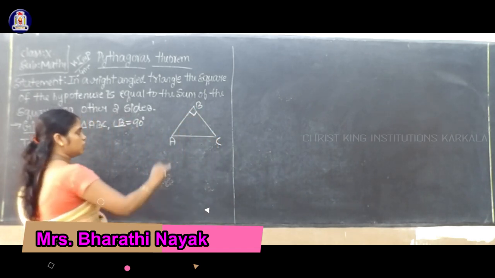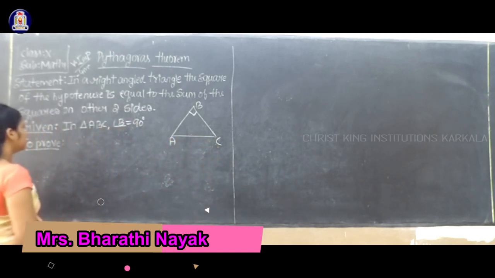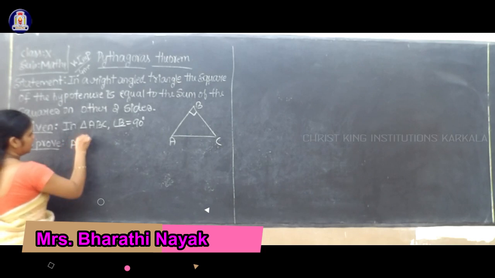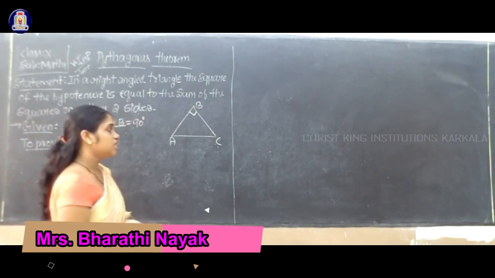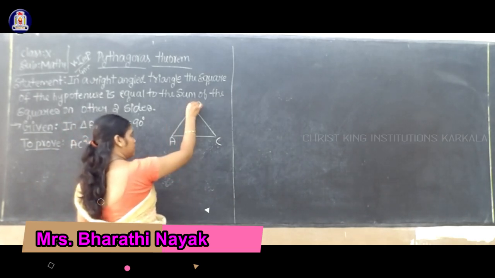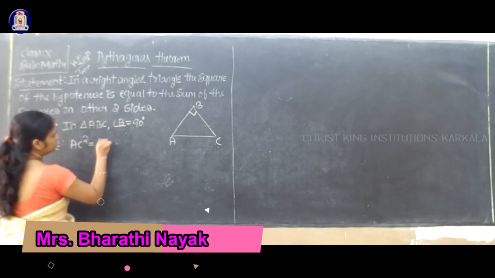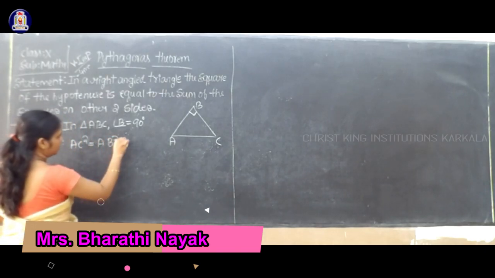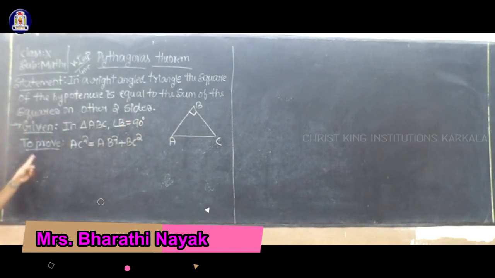So the square on this side, AC square, is equal to the sum of the squares on the other 2 sides. Which are the other 2 sides? Side AB and side BC. So how can I write? AB square plus BC square. This is what we have to prove.